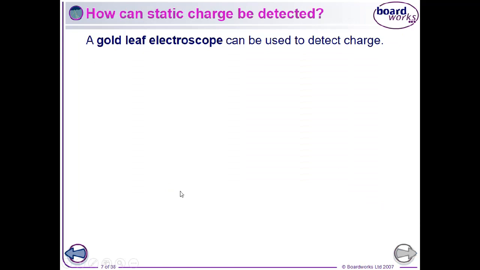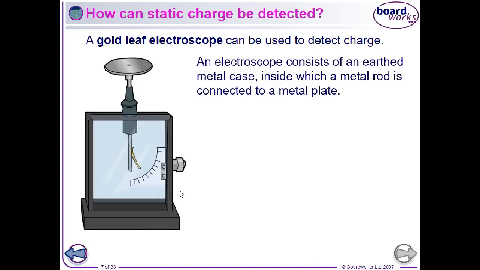Now, one way that we can detect charge is by using a gold leaf electroscope, which I will record a video of, and the Van de Graaff, to share with you. Now, the working of the gold leaf electroscope: we have an earthed metal case, connected to the earth to discharge any charge that's built up on the case.